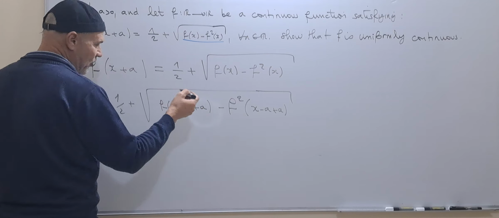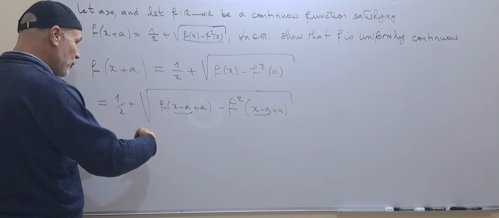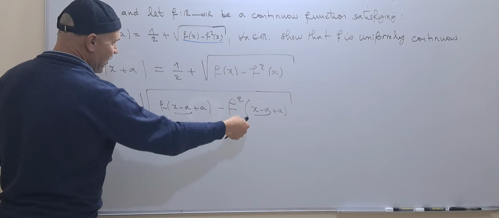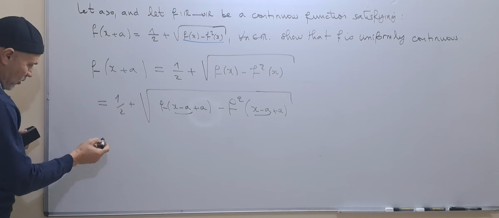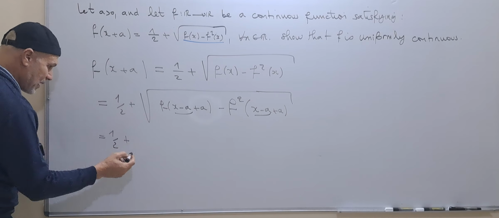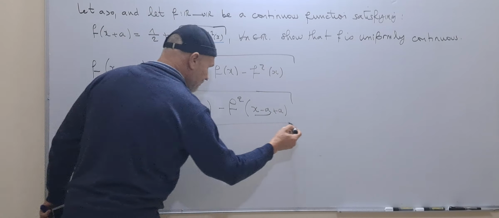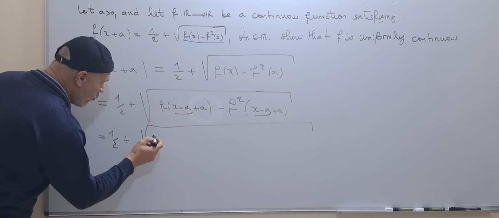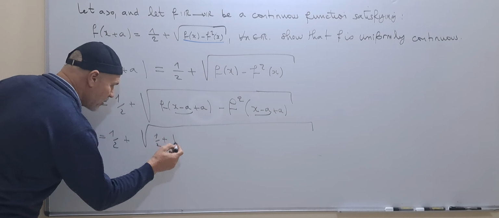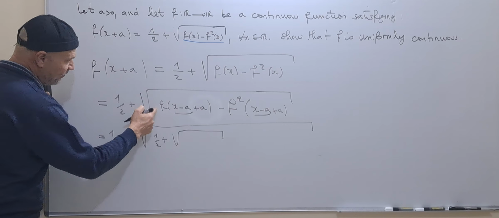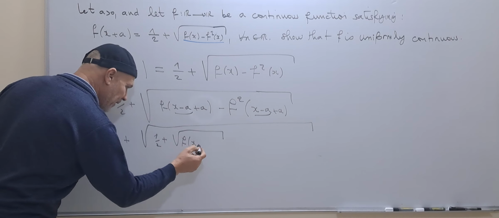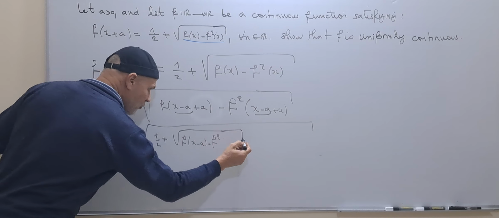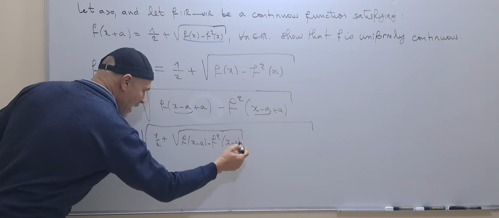So we use a change of variable and we apply our formula once again. This will be equal to 1/2 plus the square root of f of x minus a minus f square of x minus a.